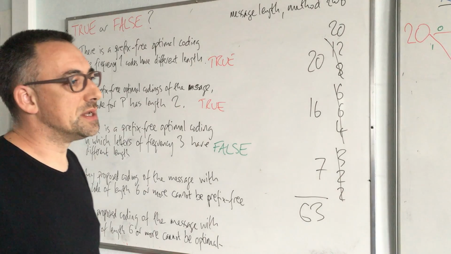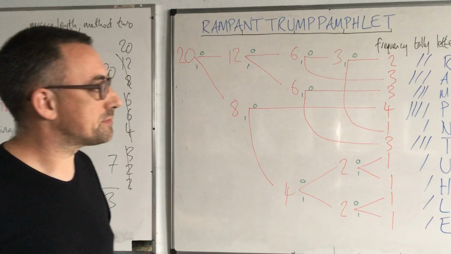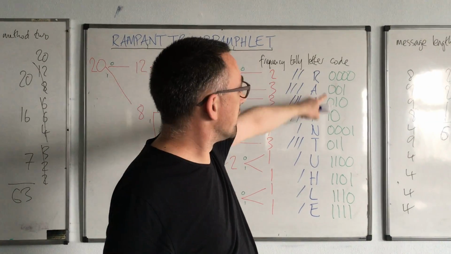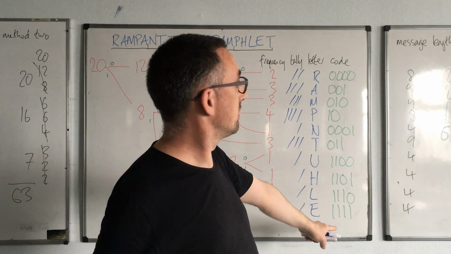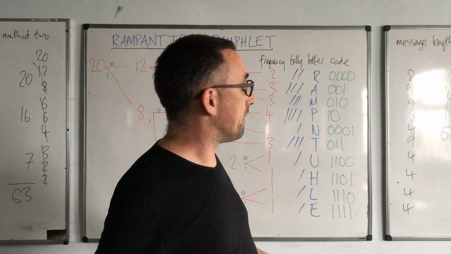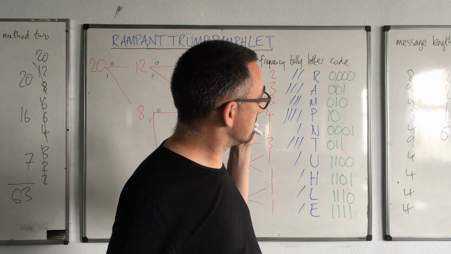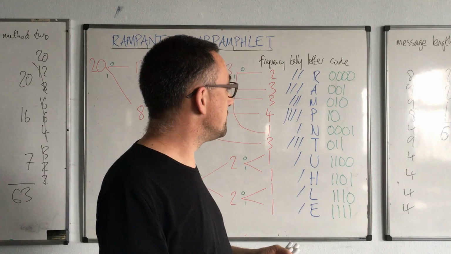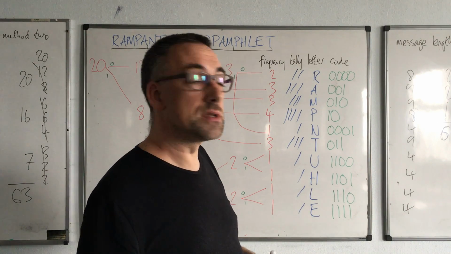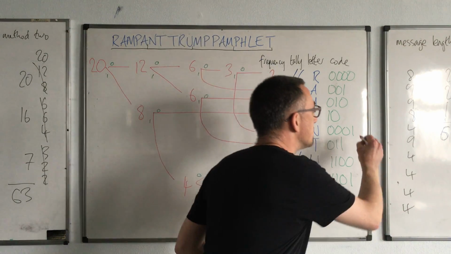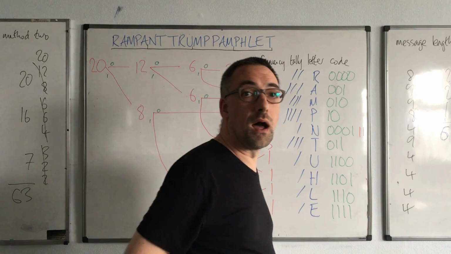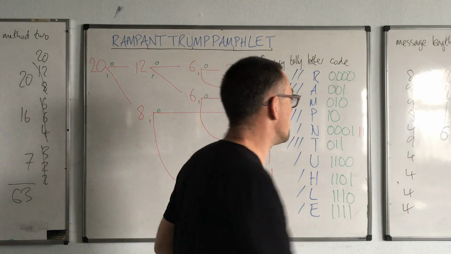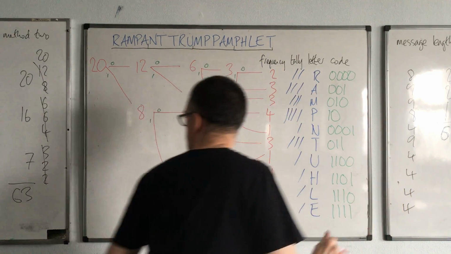Now that is clearly nonsense, because here I have a coding which is prefix-free, where the longest code length is 4. I could simply choose any code and make it length 6, and the coding would stay prefix-free. It would just no longer be optimal. So that one's nonsense.